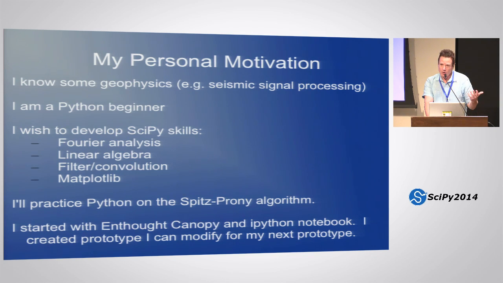And in order to develop those skills, I was practicing with the Spitz Prony algorithm. And just to be concrete about this, I started with the Enthought Canopy program and the IPython notebook, and I created some prototypes that I hope to be able to use as a template if I want to experiment with another algorithm.